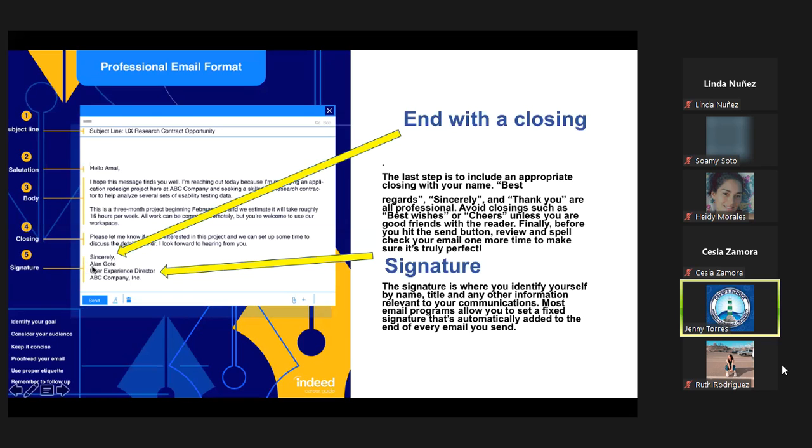And after that, you're going to write your name, your title, or the position you have in the company, and the name of the company. Okay? And that's it. And there you have the 5 parts of an email. Subject line, salutation, body, closing, and signature. So now, do you have any question?